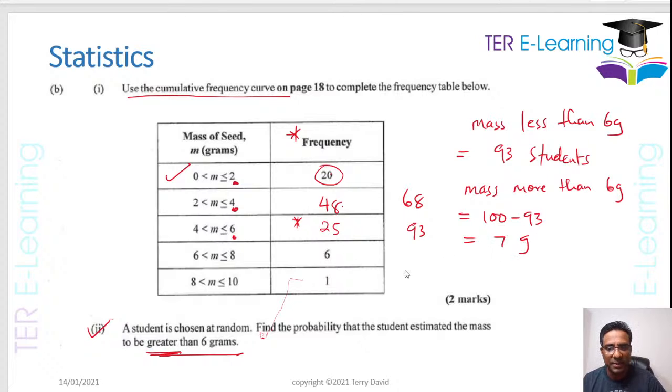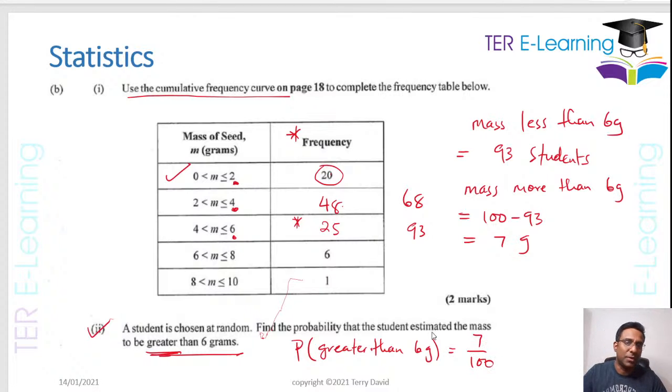So the probability they are asking for, that the mass is greater than 6 grams, is going to be 7 over 100. All right.